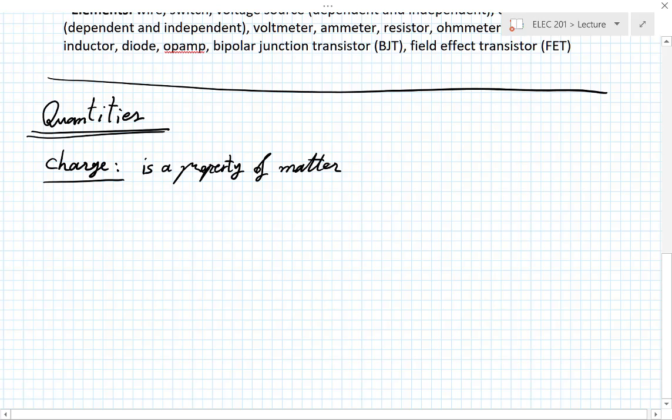And as far as we are concerned in this course, we don't deal with apparent fractional charges and so on.